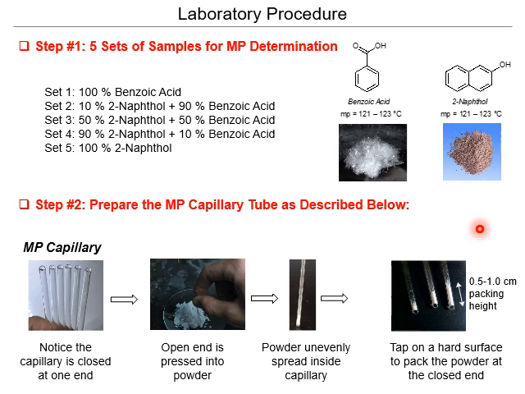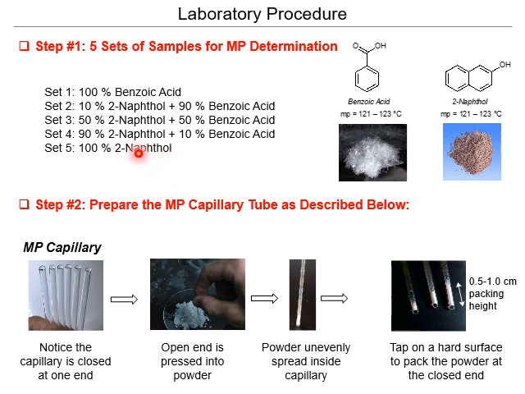The first mixture will be completely pure benzoic acid, and the second one will be 10% 2-naphthol, 90% benzoic acid. The third one will be 50% 2-naphthol and 50% benzoic acid, the fourth one will be 90% 2-naphthol and 10% benzoic acid, and the last one will be pure 2-naphthol.